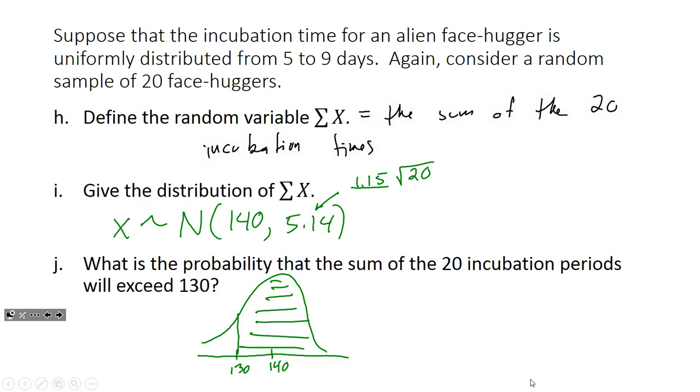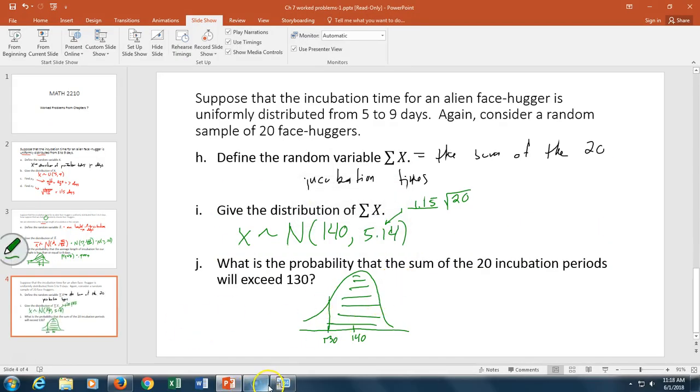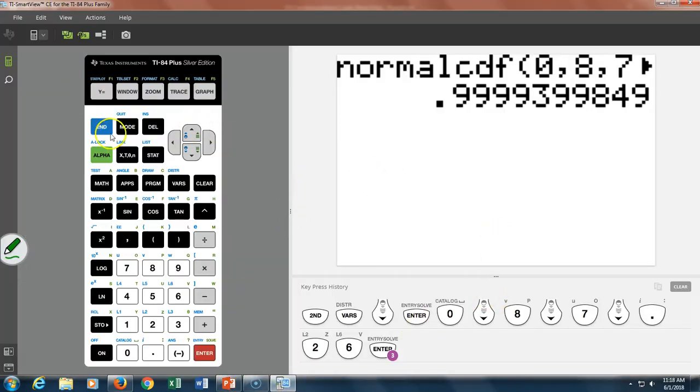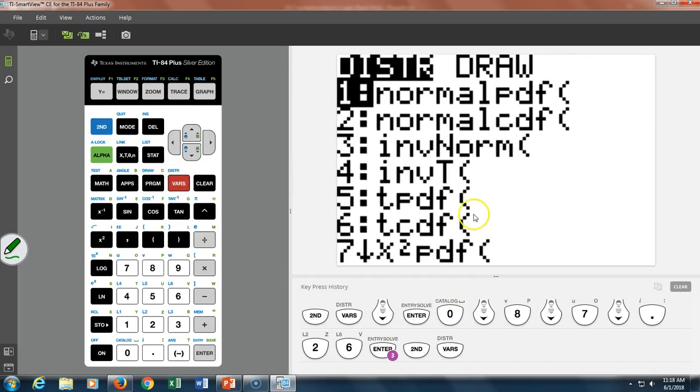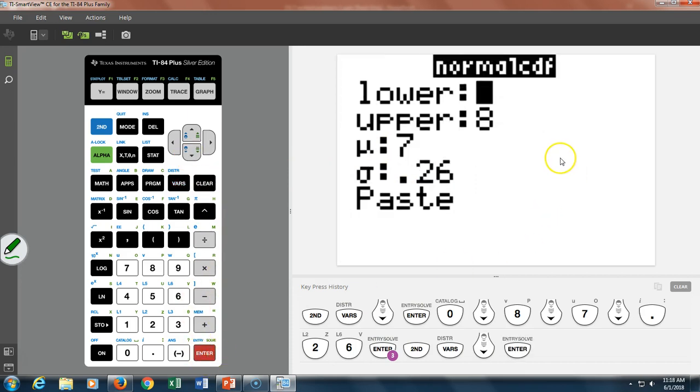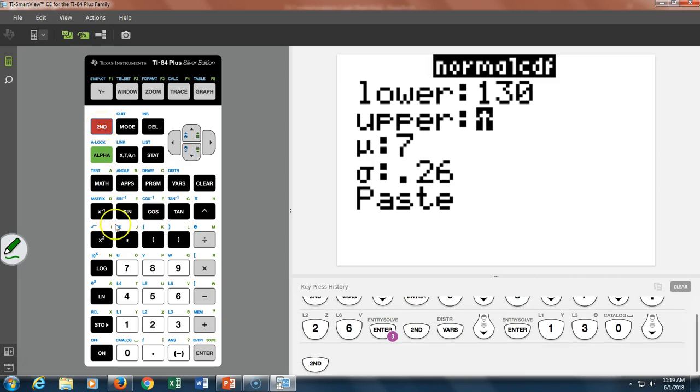Let's do the calculation to finish off the problem. Okay, so let's pull up our number 2, our normal distribution. And let's see, the lower, we just drew it, was 130. Theoretically, there's no bound on the upper, so I'd do scientific notation to put in a large number.